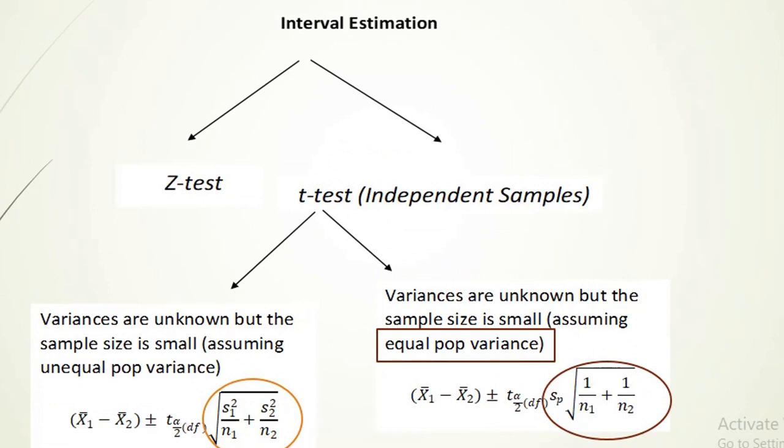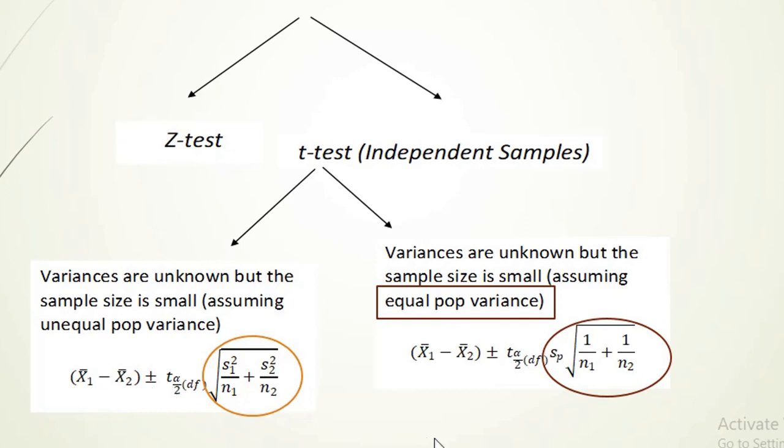The point estimate of the difference between population means is the same, bar x1 minus bar x2. Here you just focus on two things: standard error and table value. First of all, the standard error is entirely different. For unequal population variances, you have this type of standard error, where we are replacing S1 in the Z case with small s in the T case.